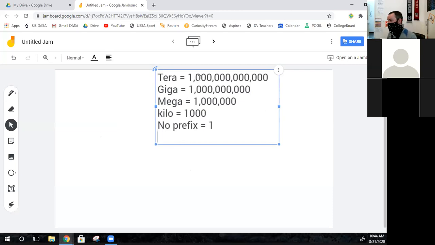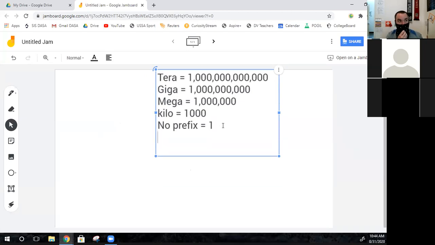Does that make sense? A terameter would be 1 trillion meters, or 1,000 gigameters, or 1 million megameters. I know it's kind of confusing, but it's all by orders of 10.